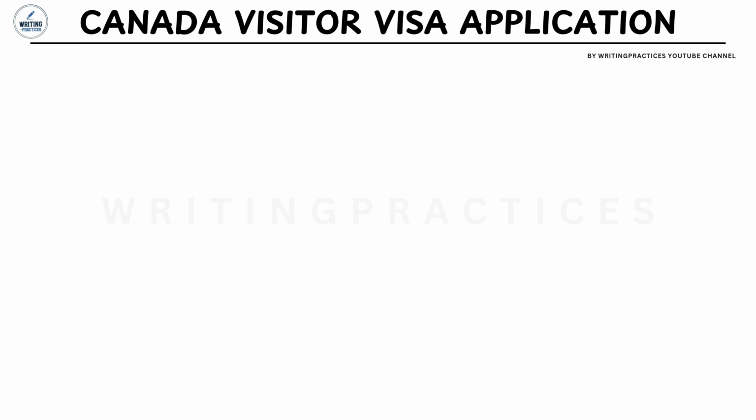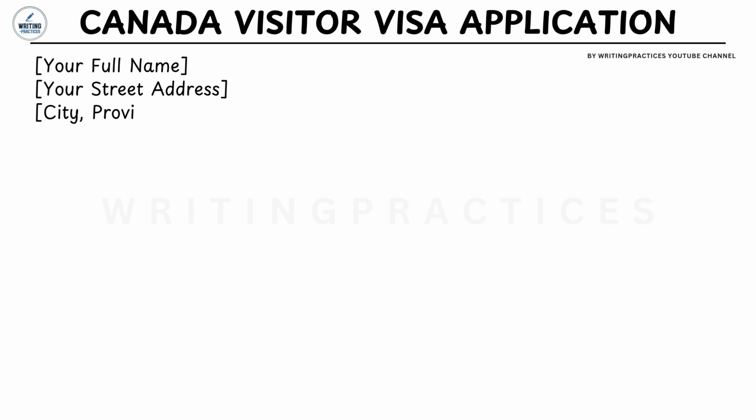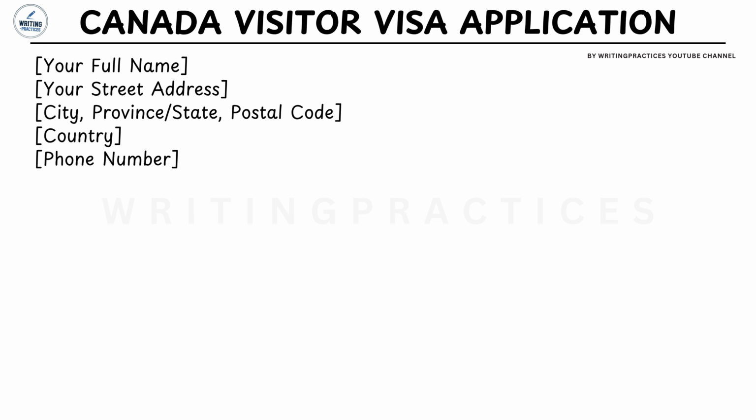Now let's go through each part of the letter so you understand exactly what to write and why each section matters. Check this out. Sender information. First, write your complete personal details at the top of the letter. What to write here is your full legal name, residential address, phone number, and email address.